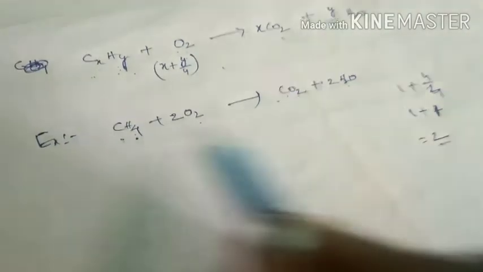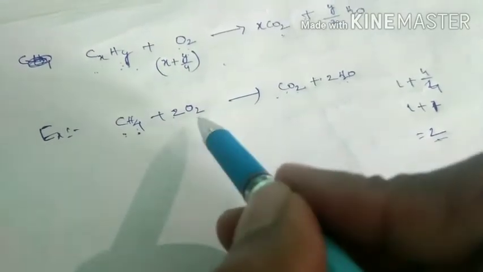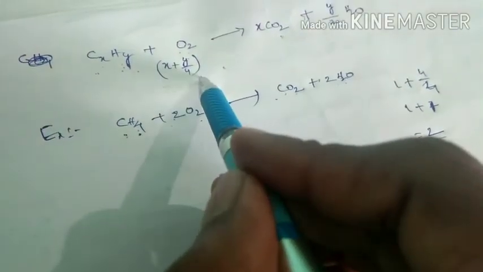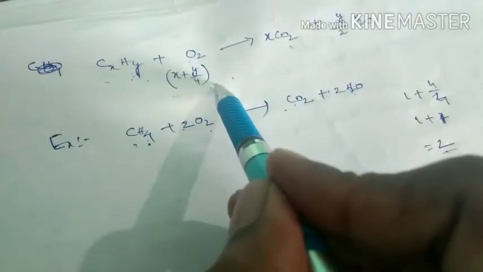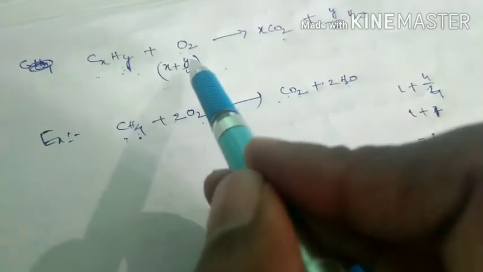Then also we get the same value. So if you don't know how to balance the equation, then you can follow this method. This method is to be followed only when any hydrocarbon undergoes combustion.